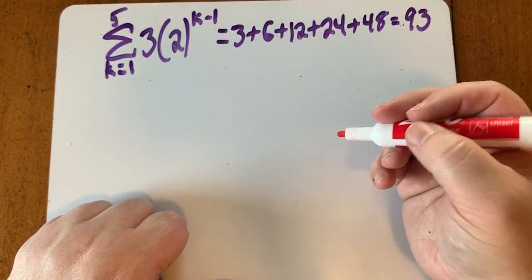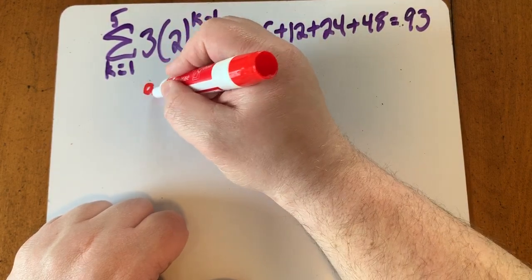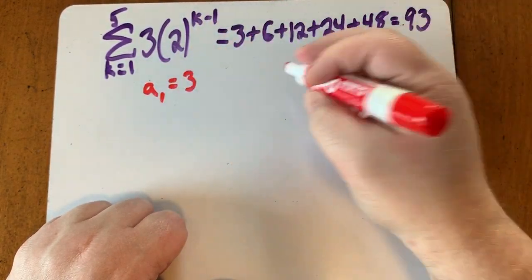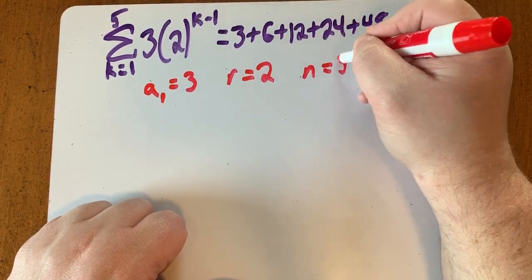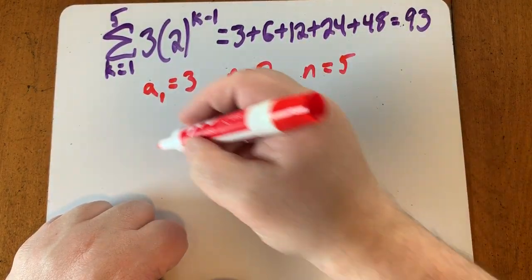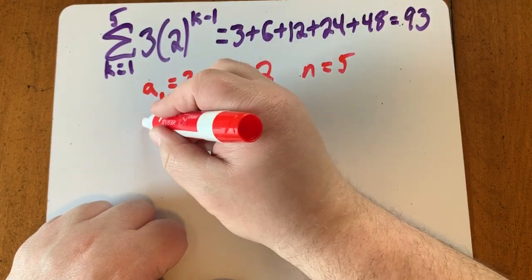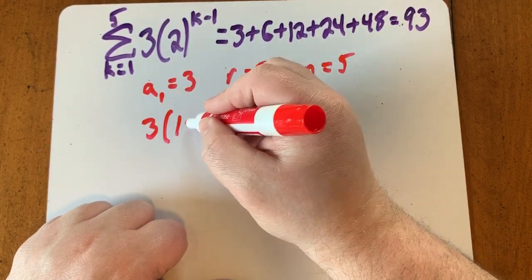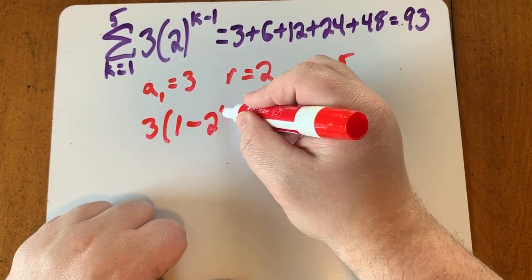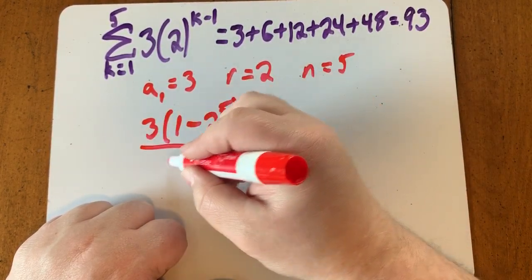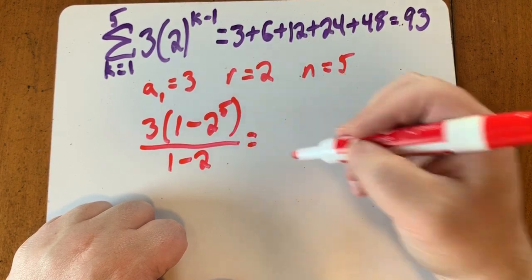But if we use the formula, our first term is 3, our common ratio is 2, and our n is 5. We need those three things because our sum is the first term times 1 minus our common ratio to the nth power, 2 to the 5th, divided by 1 minus our common ratio.